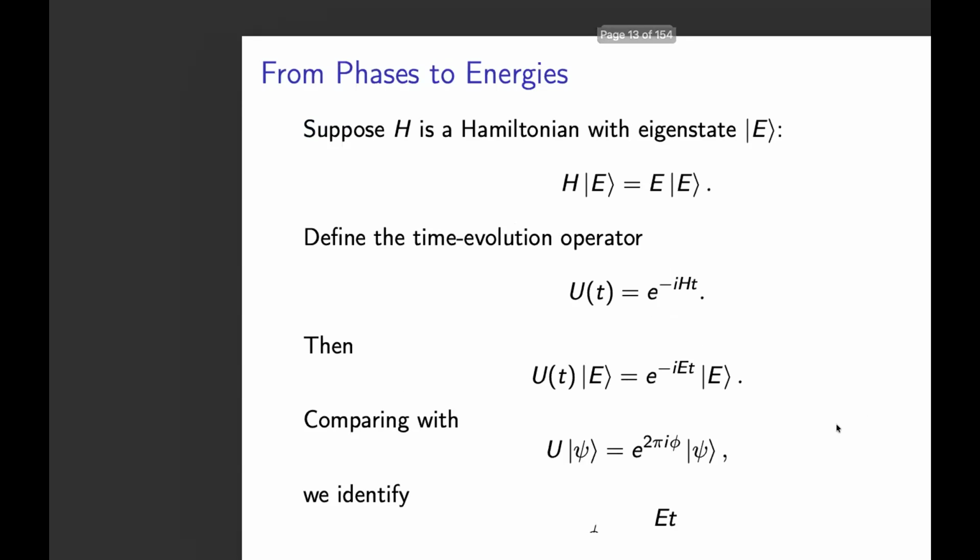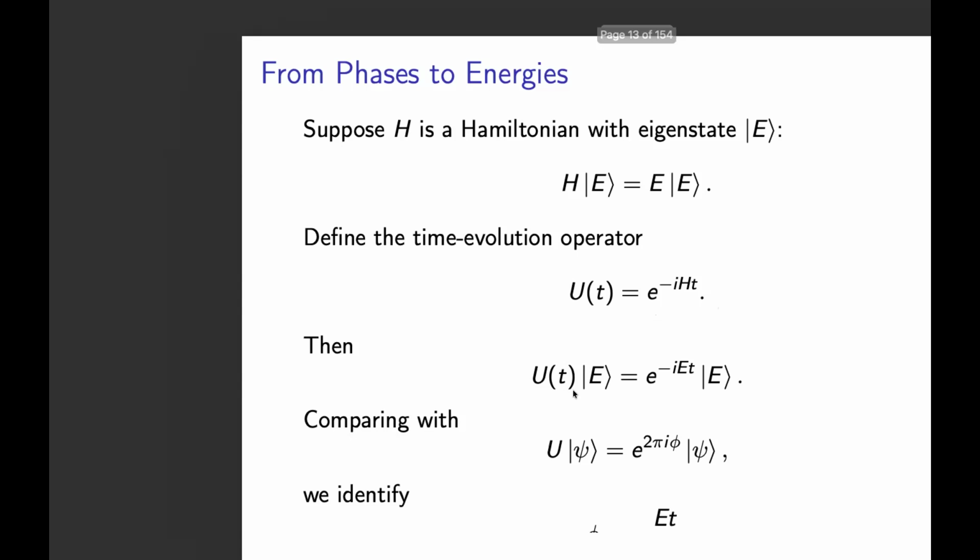When you look at eigenenergies, you would typically have a Hamiltonian with an eigenstate E and an eigenenergy E as well, using the same labels. Since H is not a unitary operator, but is assumed to be Hermitian, you can rewrite everything in terms of a time evolution operator, which is unitary.